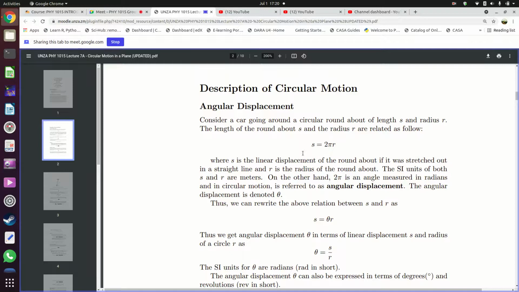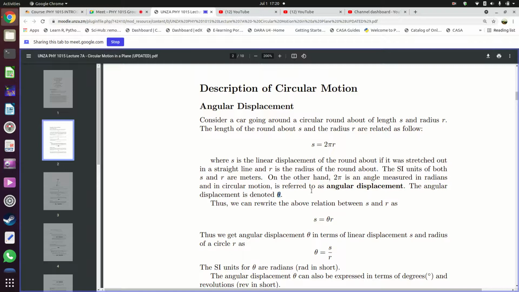When you measure distance in terms of an angle, that is what is referred to as angular displacement. So this 2 pi is actually the angular displacement, and the angular displacement is denoted as theta.